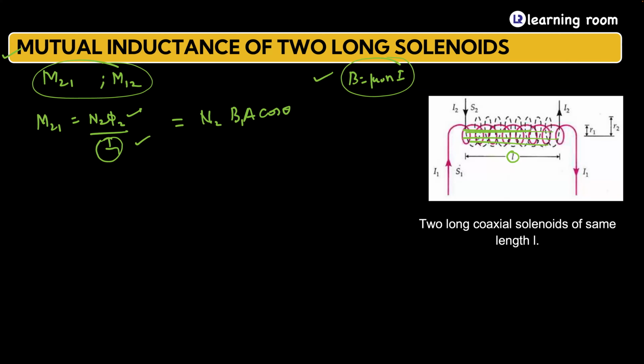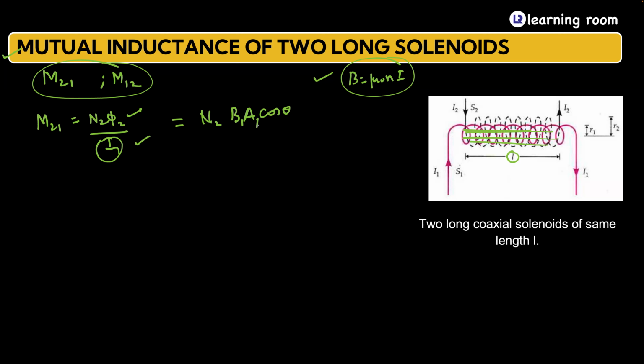Though you write it as N2 phi 2, you should not write it as B2 A2 cos theta. Rather, you will write it as B1 A1 cos theta. So what I'm trying to tell you here is, for the flux through any coil, it will always be due to the magnetic field produced by the primary coil. In this case, the primary coil is 1.